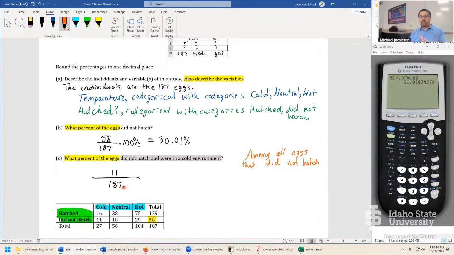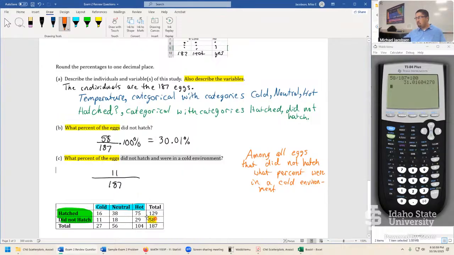That's going to really direct us towards the actual 58 that I thought the first time I looked into that problem. Among the eggs that did not hatch, what percent were in a cold environment?